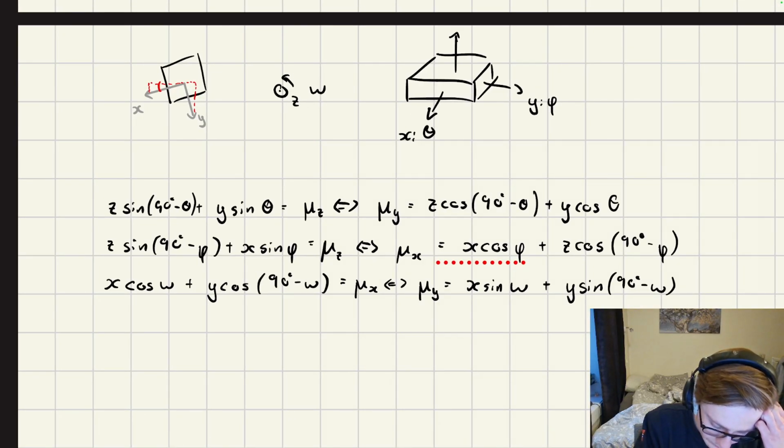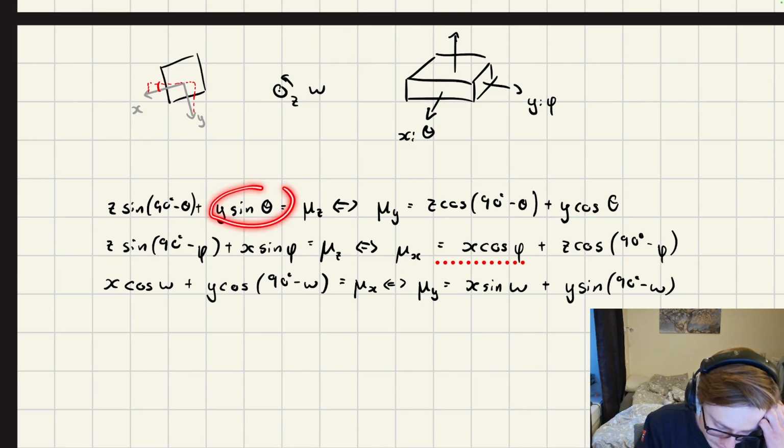So if psi is 0, this is 0, this is 0, this is 1, no, this is 0.